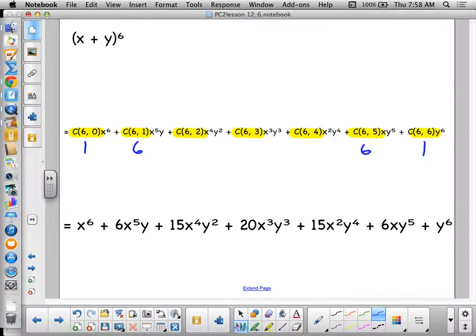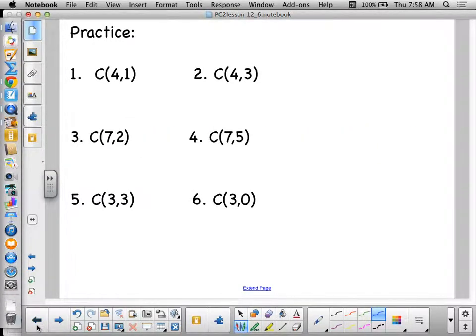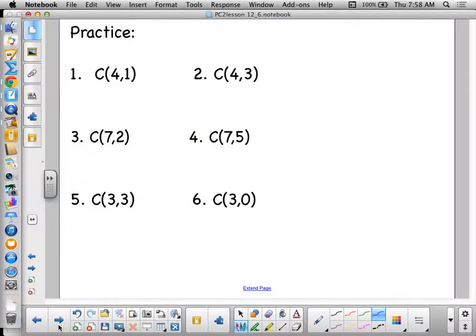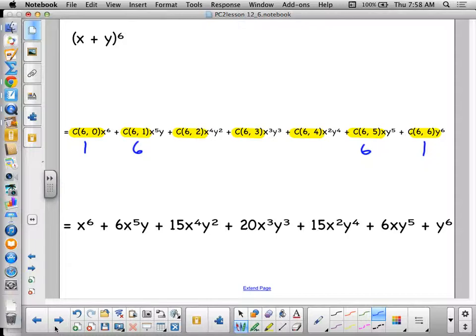It's symmetric, always. And if we look back at our Pascal's triangle, it goes 1, 6, 15, 20, 15, 6, 1. So my coefficients come from Pascal's triangle when we do that binomial expansion.